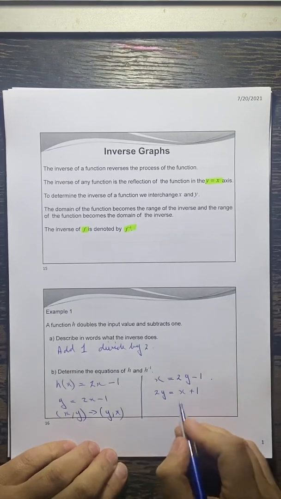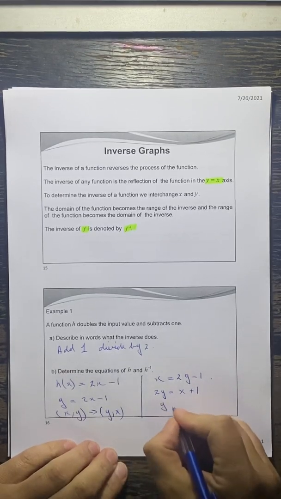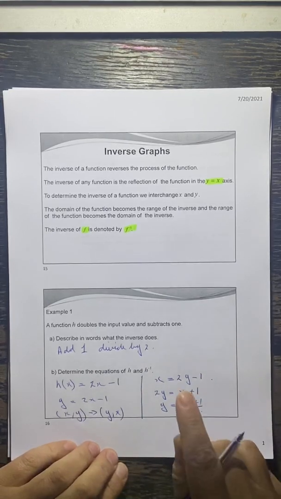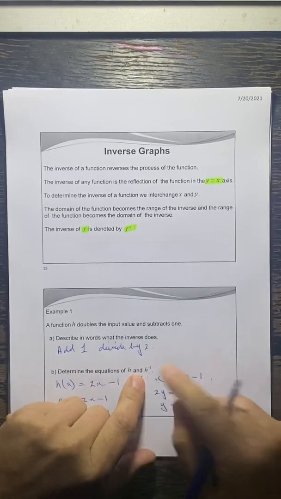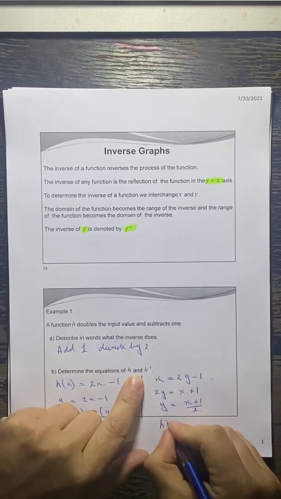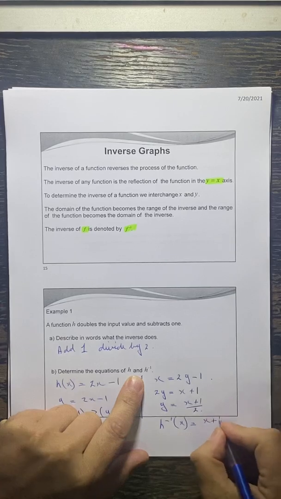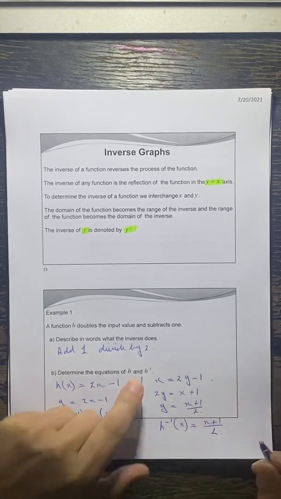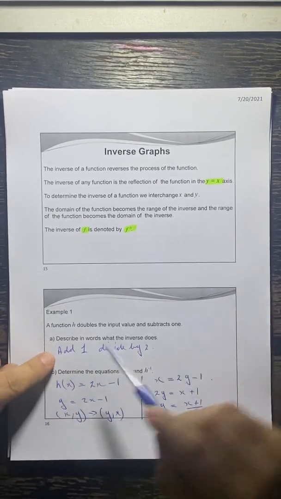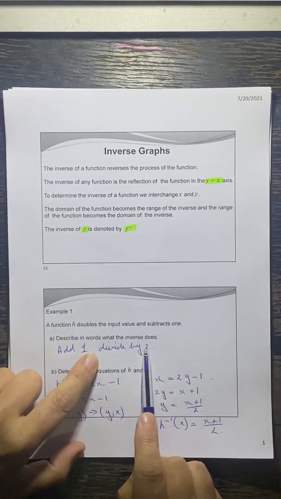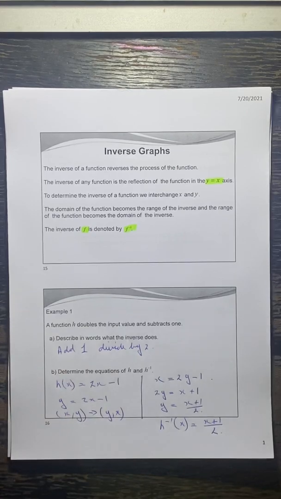Then I need to divide by 2, so we get y is equal to x plus 1 all over 2. But they want it in this notation, so h inverse of x is equal to x plus 1 over 2. Now let's go back to what we said here: we add 1 to the input, and then we divide by 2.